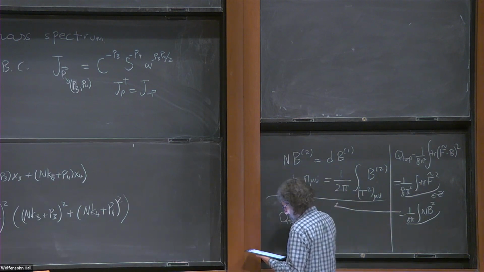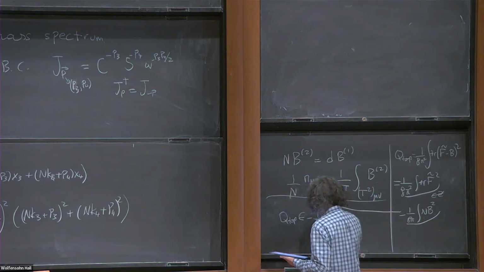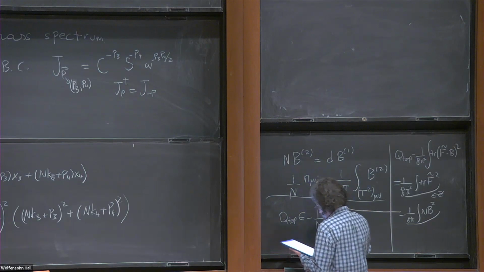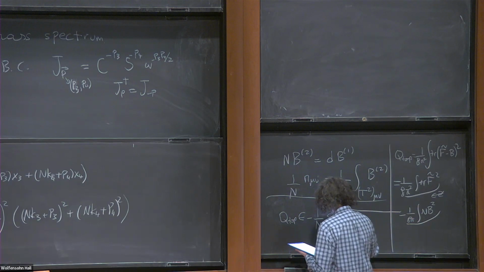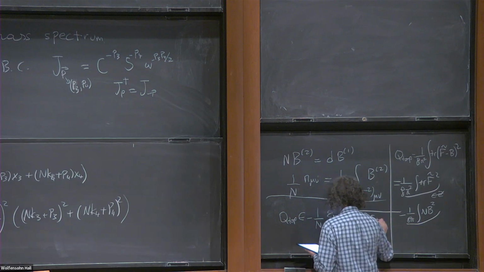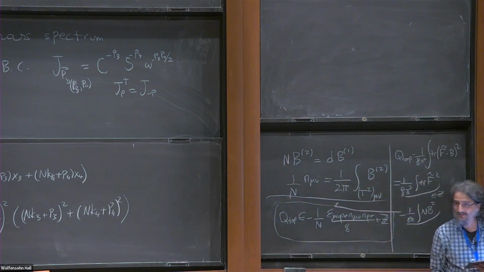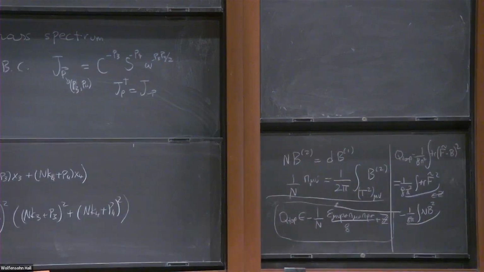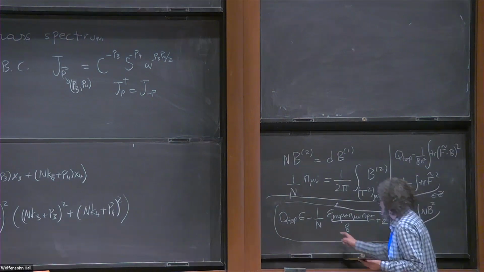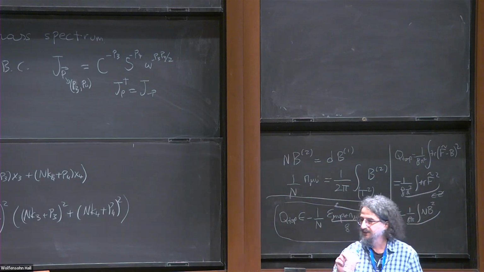This is important: the topological charge happens to be minus 1 over n, epsilon mu nu rho sigma n_mu nu n_rho sigma divided by 8, plus an integer. This is something interesting. In the presence of this background flux, the topological charge is no longer quantized in integer units, but in units of 1 over n. Is that clear?